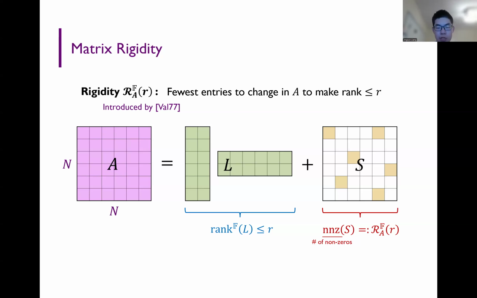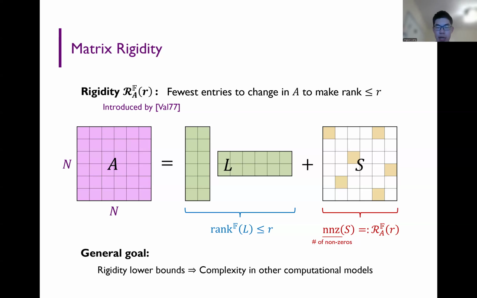This concept of rigidity is important in the sense that proving rigidity lower bounds translates to hardness results in many computational models. There are a number of known reductions, saying if we can prove strong enough rigidity for an explicit matrix at the right rank, it implies lower bounds in circuit complexity, communication, and more.